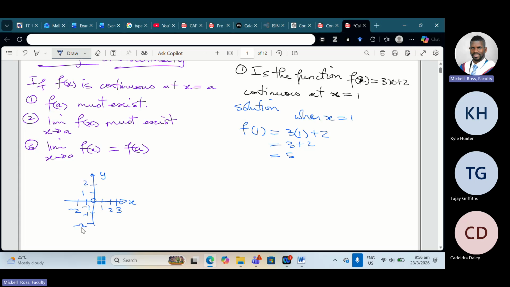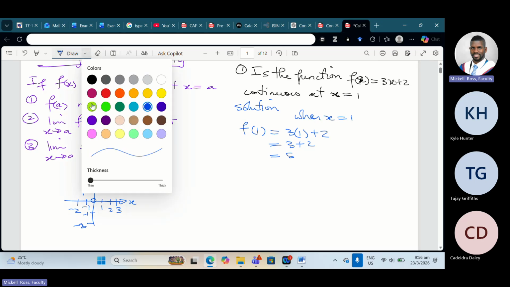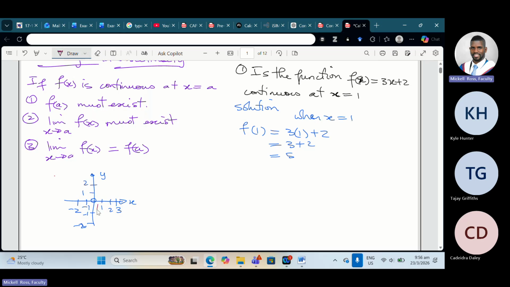Now if you think about the number 1 that x is equal to, which is this number right here, there are two ways you can approach this number. You can approach it coming in from the right hand side, and you can approach it coming in from the left hand side.